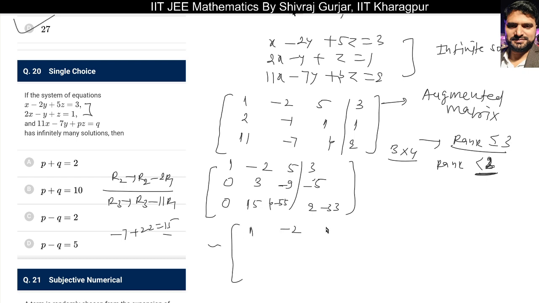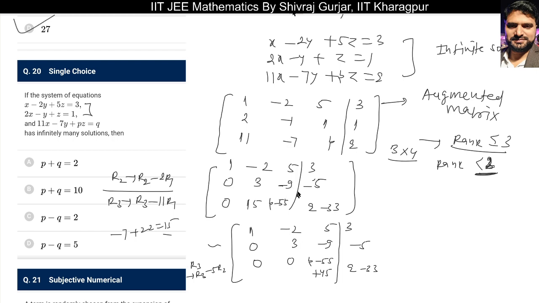1 minus 2 5, 3 0 3 minus 9 minus 5 0. Now we have to make this 0. So this has to be multiplied by 5, meaning r3 equals r3 minus 5 r2. So this will become 0 and this becomes p minus 55 plus 45, q minus 33.